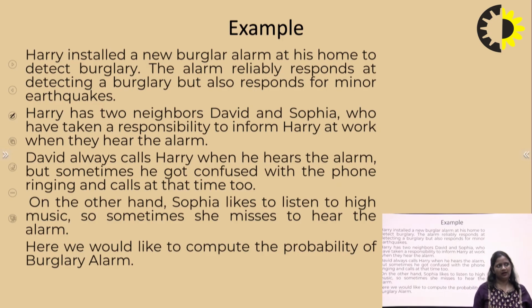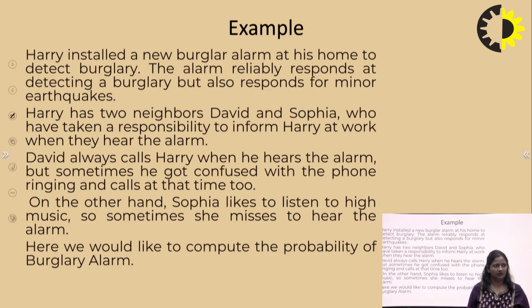If there is a minor change or minor crumbling in a room, then the alarm will blow. Harry has two neighbors, David and Sophia, who have taken responsibility to inform Harry at work when they hear the alarm.